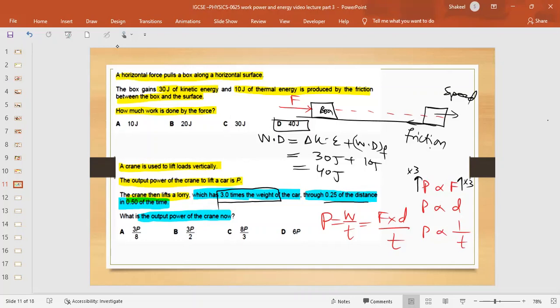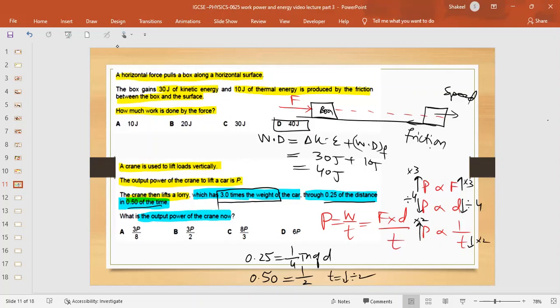The distance is 0.25, which is 1/4 of the distance, so the distance is decreased by 4 times, so power should be decreased by 4 times. And the time is 0.5, which is 1 by 2, so time is decreased by 2 times. When time is decreased by 2, power will be increased by 2.